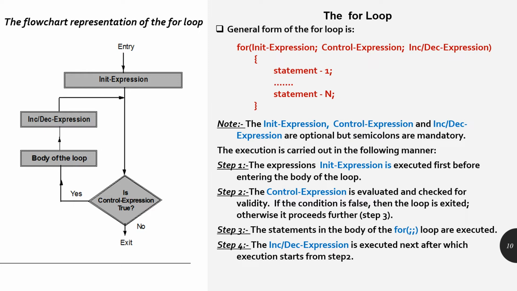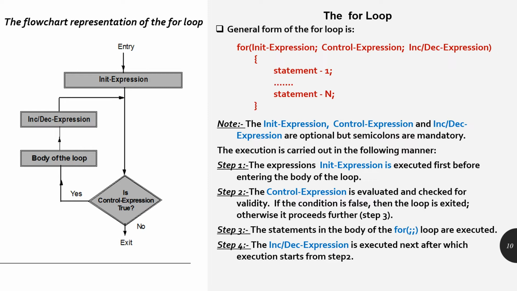The advantage of this loop is that initialization can be done in the loop itself. The control expression and the increment and decrement are also there. All three functions can be done in the loop itself. That is the advantage. Execution is like this.